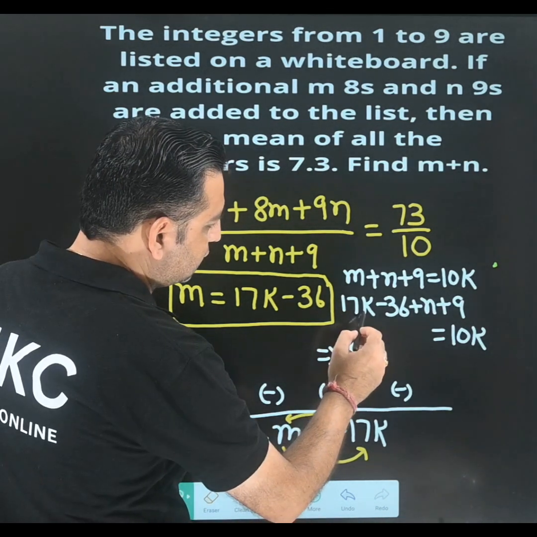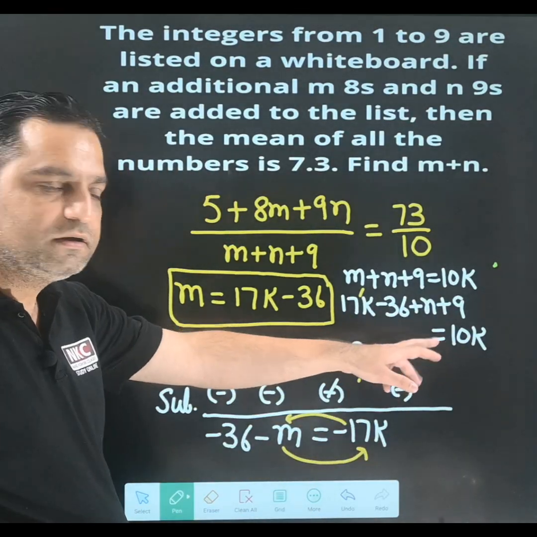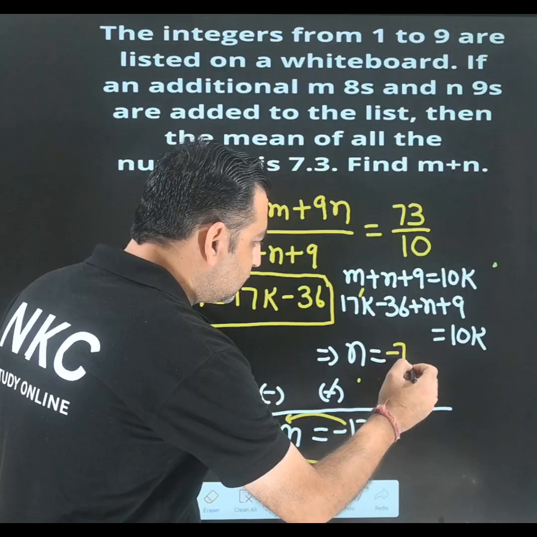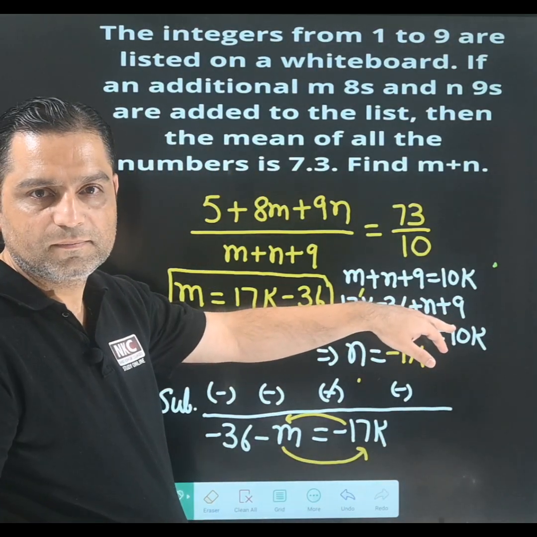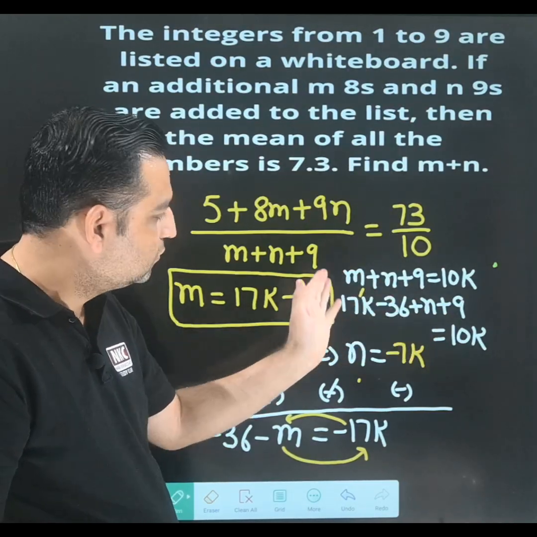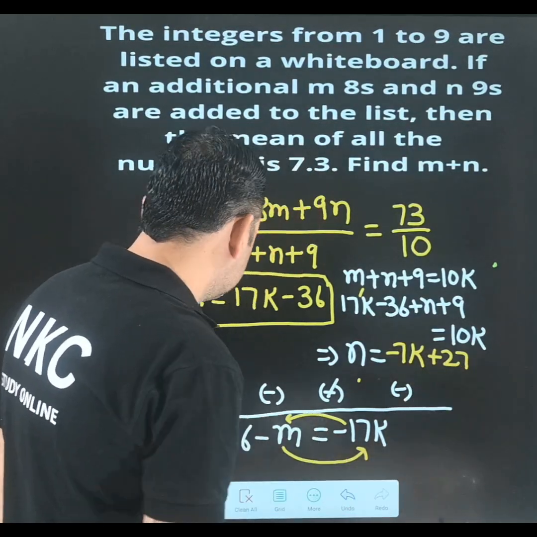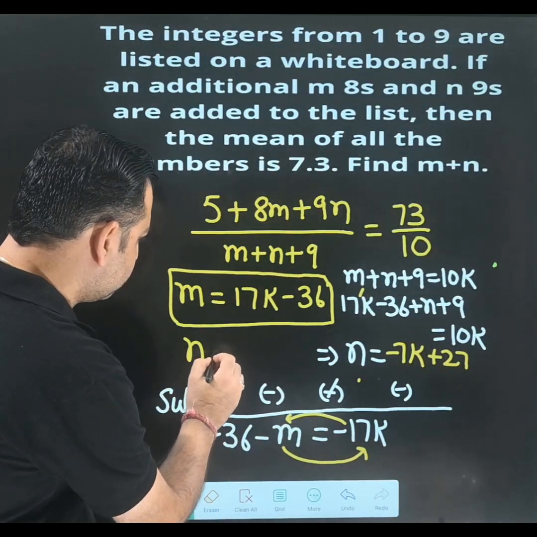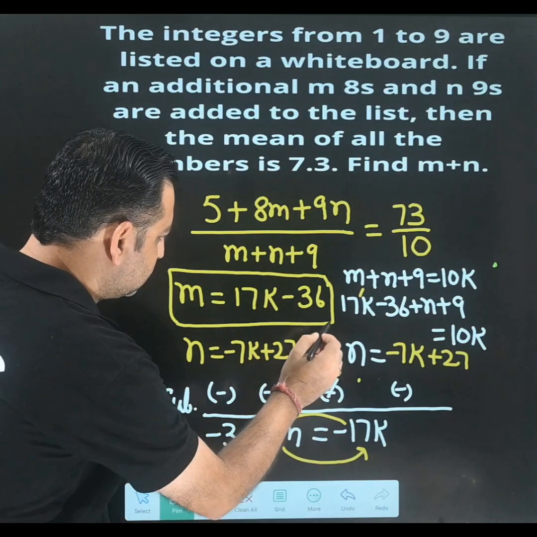Say this 17k, when moved to the right side, will be subtracted from 10k and we will get minus 7k. Minus 36 plus 9 is minus 27. When it moves to the right side, you will get plus 27. So ultimately, I am getting the value of n as minus 7k plus 27.